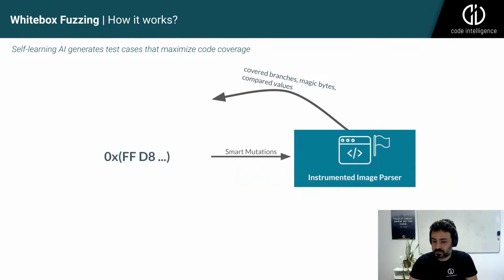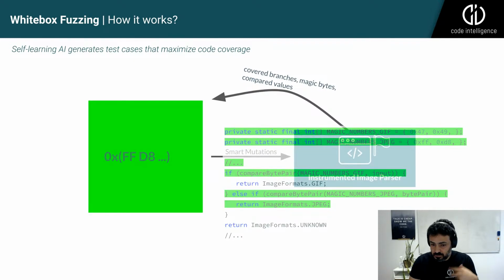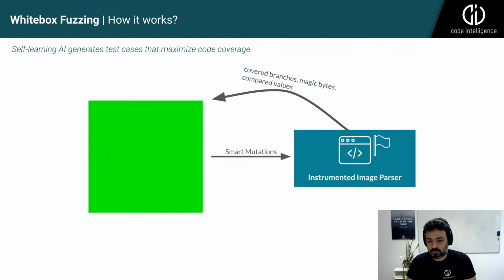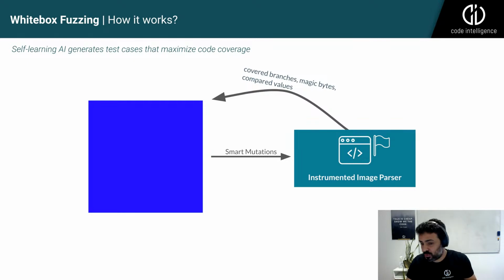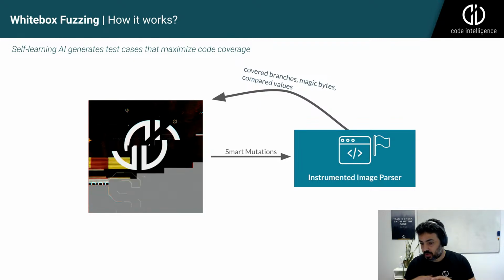What would happen? If we do this, we now see that we have a new green line of code. So this comparison is valid, and in a sense, the fuzzer convinced the application to treat this input as a JPEG image, and so we get to generate valid images and do further mutations to step by step learn or reach more code.